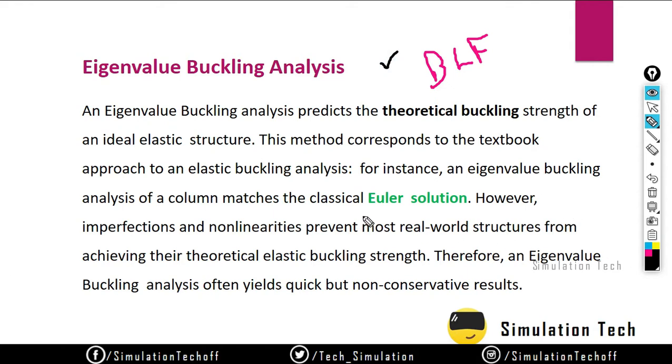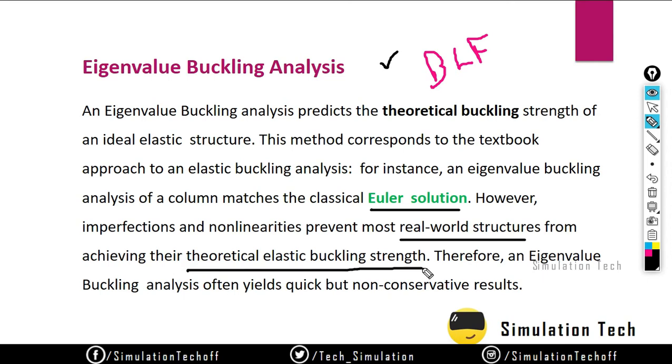If you want to know about the Euler solution, you can just Google it. You can get a lot of information related to the Euler solutions. However, imperfections and non-linearities prevent most real-world structures from achieving that theoretical elastic buckling strength.